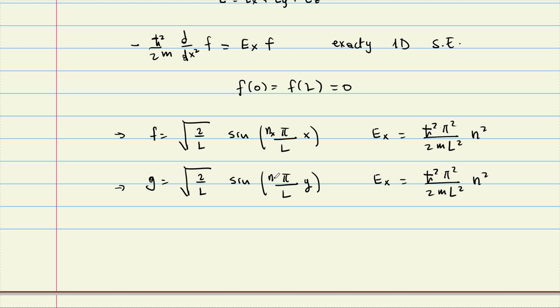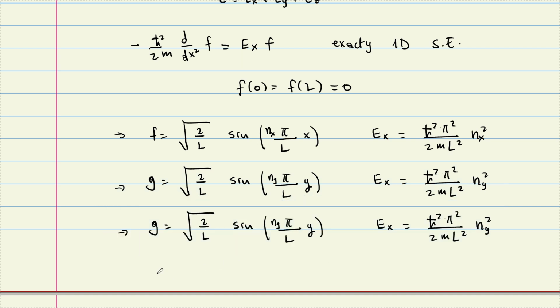So then I'm going to call this ny. This is also an integer, right? And this is y. So this is nx, this is ny, and same thing for h. So h is this, so this is going to be nz. So this is z.